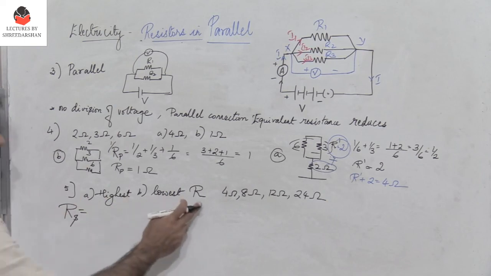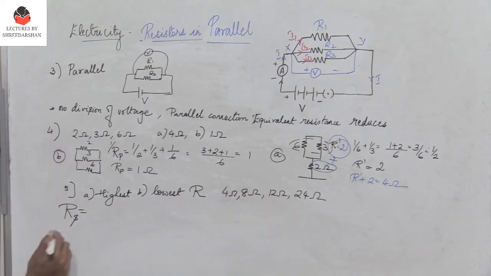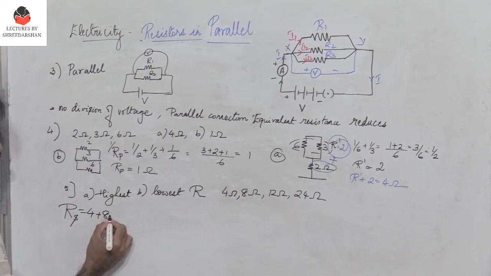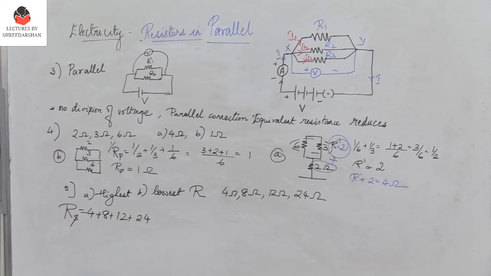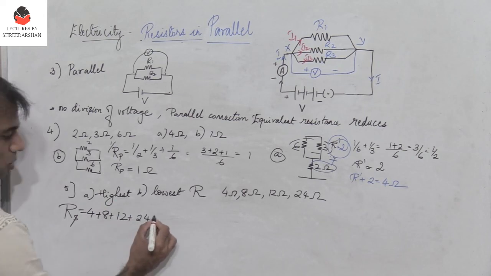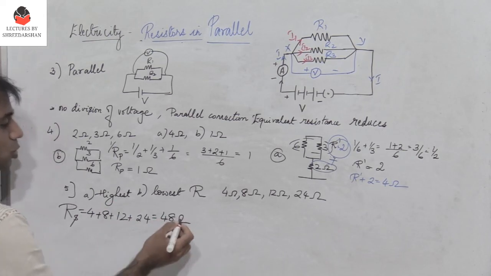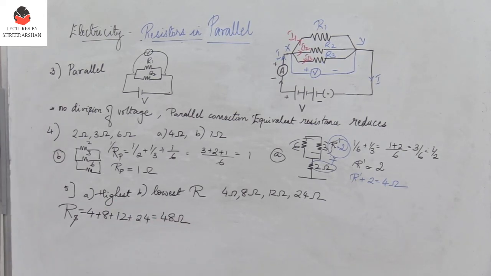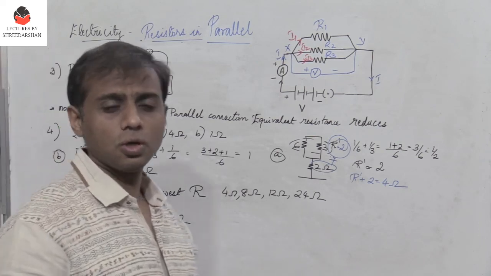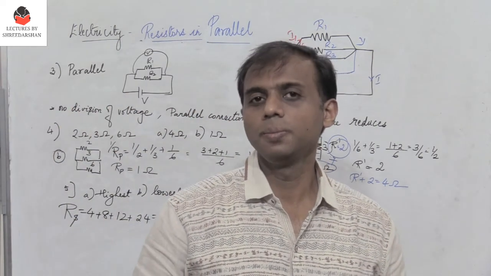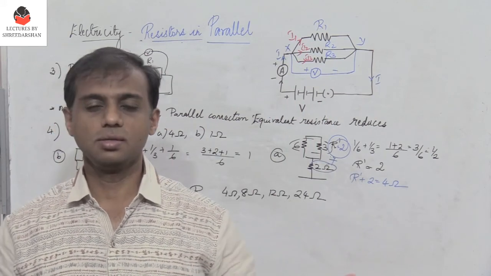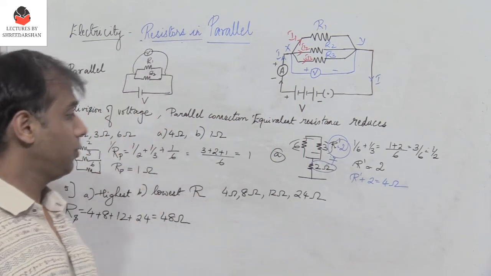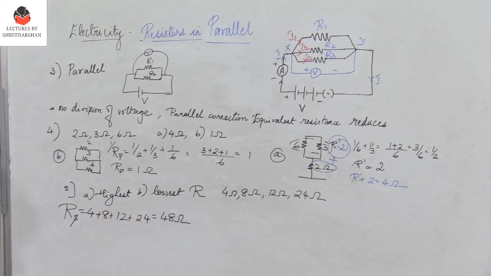So when I connect all these 4 resistors in series, what is the total resistance? It is 4 plus 8 plus 12 plus 24. So I add all of them, I get 48 ohms. So if I have 2, 3 or more resistors in a circuit, and if I have to get the highest resistance, what has to be done? They just have to be connected in series. But if I need to get the lowest, they all have to be connected in parallel.